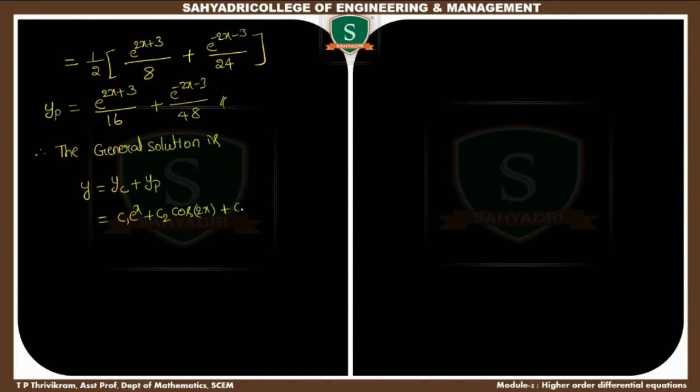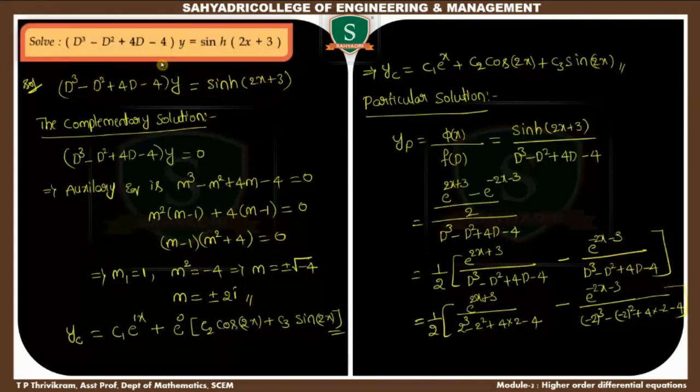Sir, in the denominator, we are getting 8 for both, no, sir. Minus 8, minus 8. Yes, once check the denominator, sir. I'm getting minus 8 and minus 8 in both.